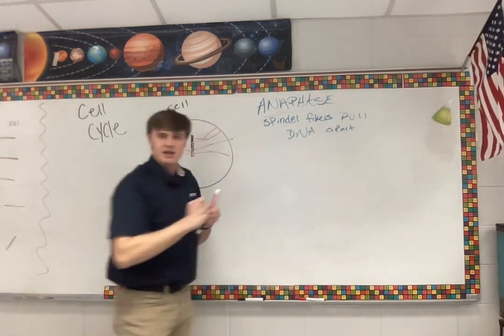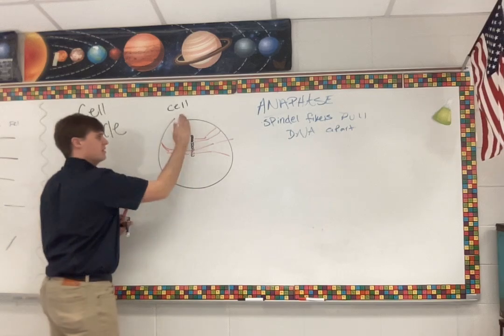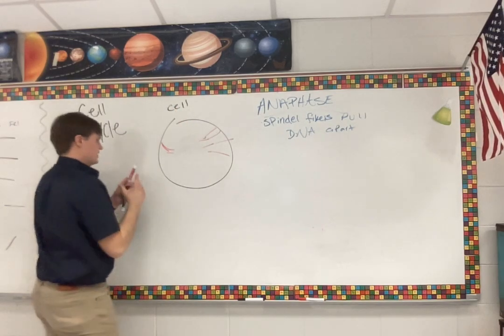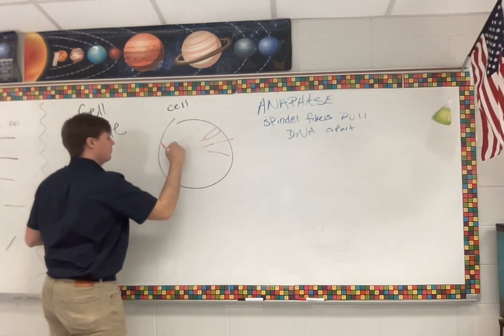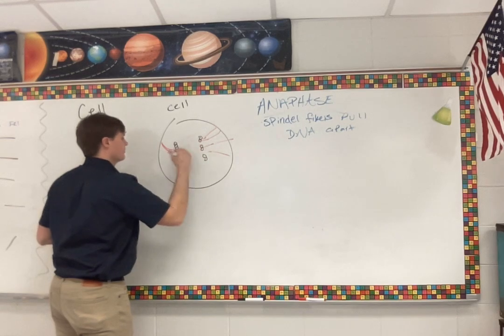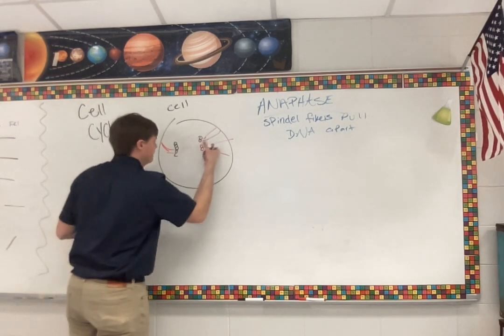So when it pulls the DNA apart, they go to opposite ends of the cell. So right now this is metaphase. The DNA is lined up in the middle. So during anaphase, the spindle fibers pull the DNA apart and they go to opposite ends of the cell. And they're still attached by the spindle fibers. Keep that in mind.